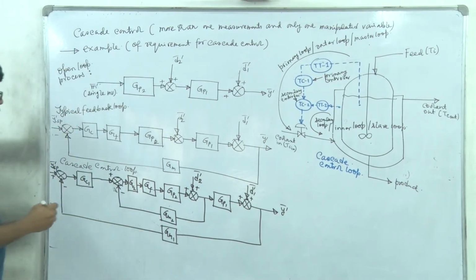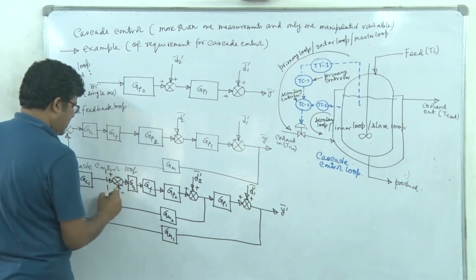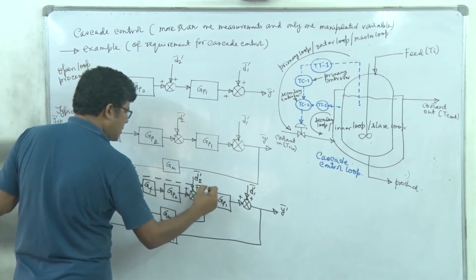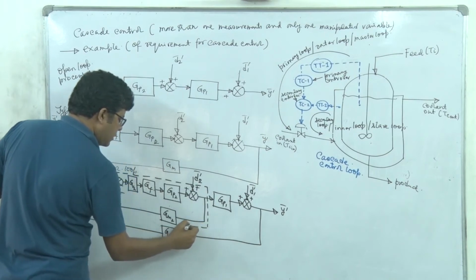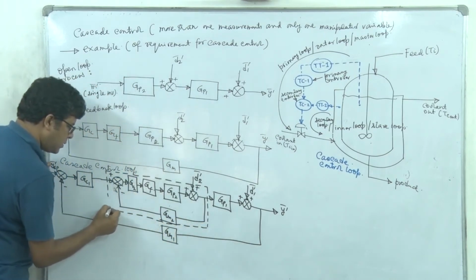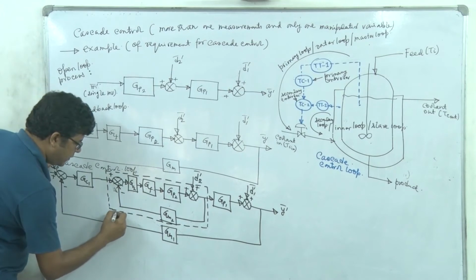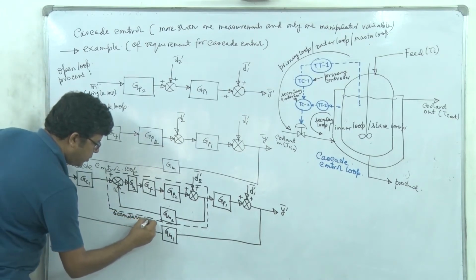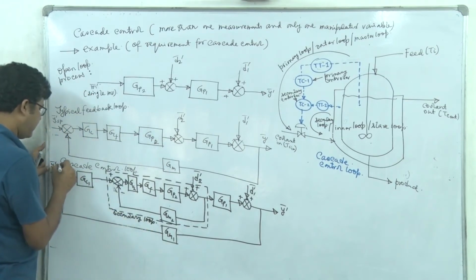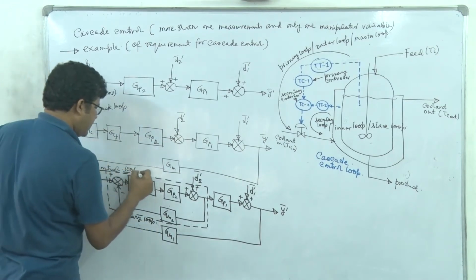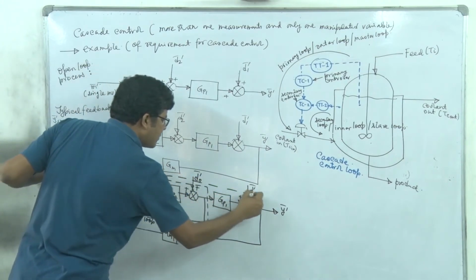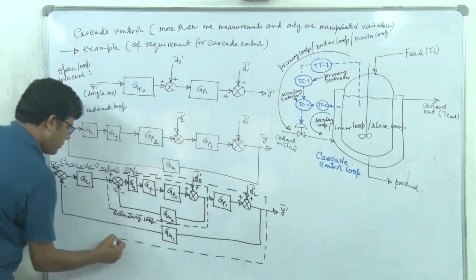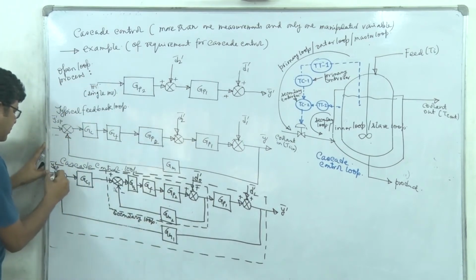So you see, overall, this is the secondary loop, and this is the primary loop.